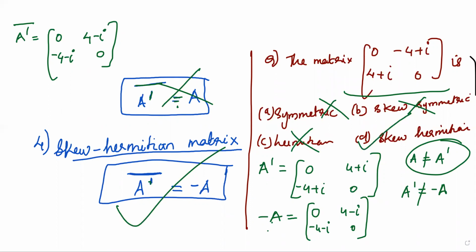That is option D. Option D is the correct answer. Any doubts you are having, please ask from these special types of matrices.